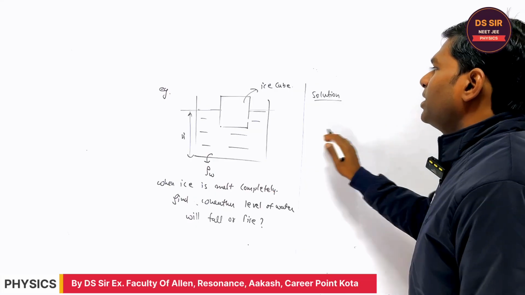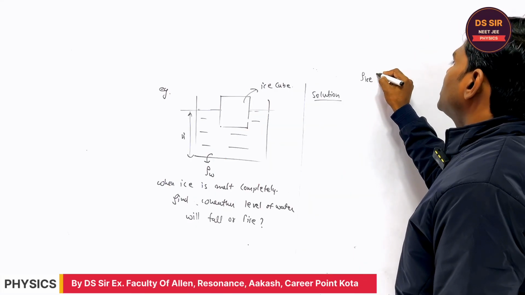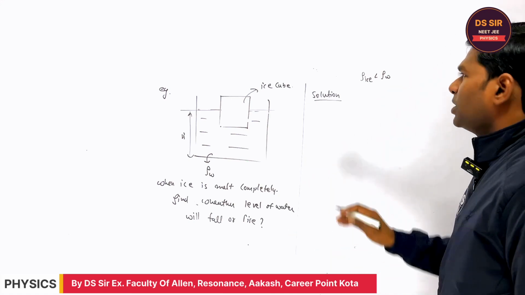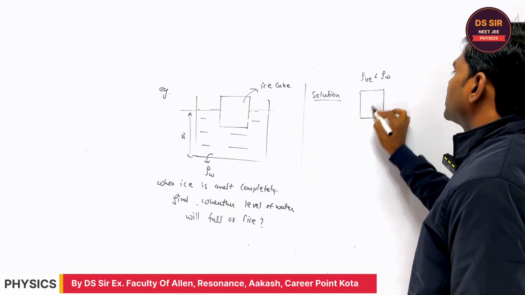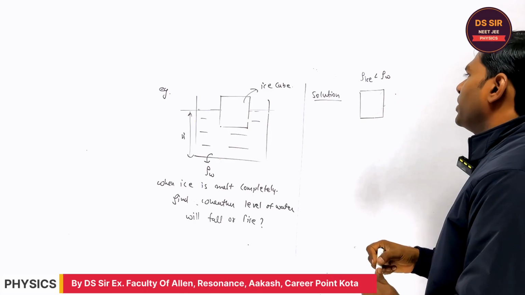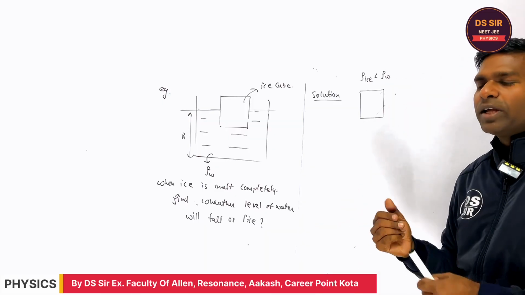Listen one thing. You tell me, the density of the ice is less than the density of water. Is it clear or not? You tell. So suppose this is the ice, right? And when it melts, you tell me, the volume of this water formed will increase or decrease?